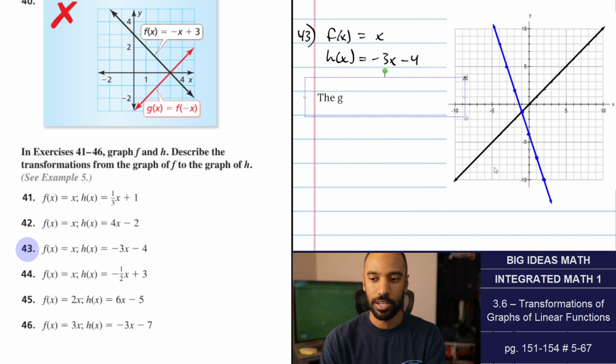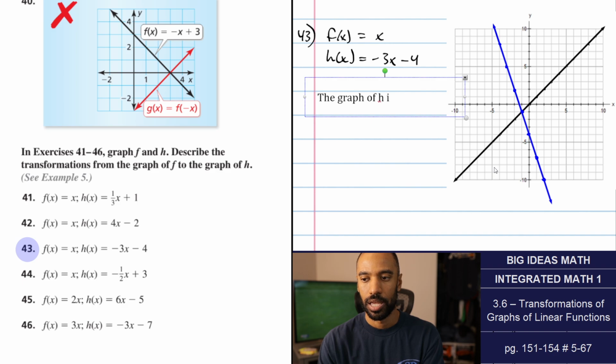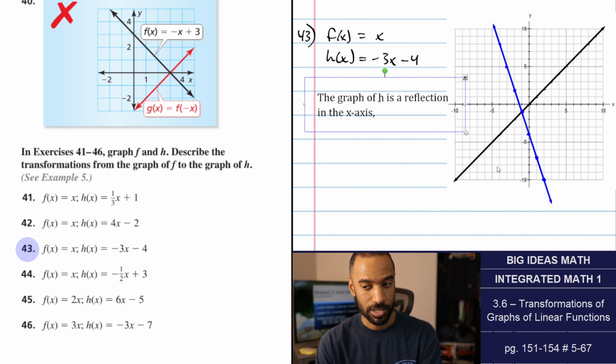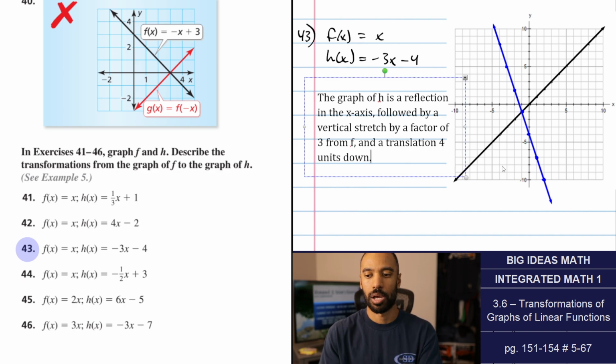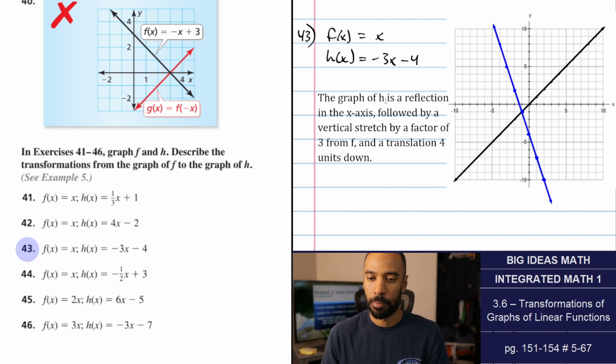The graph of h is a reflection in the x-axis followed by a vertical stretch by a factor of 3 from f and a translation 4 units down. Somewhere I think you have to say from f. I don't know where the best way is to say it, but that's what I put there.